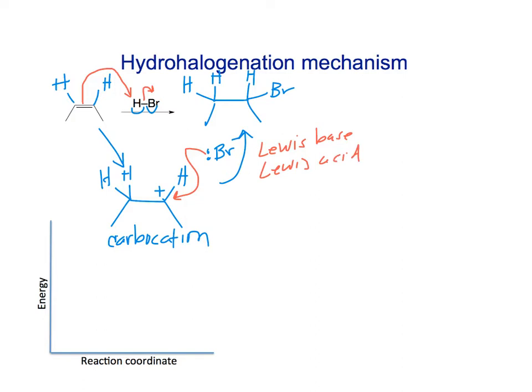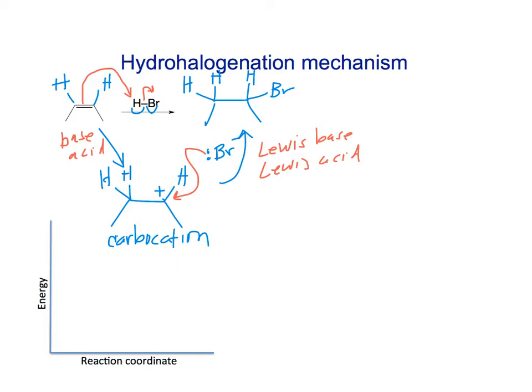And the other one, let's just say this is a base with an acid. We could use Bronsted-Lowry acid-base theory here, because we're transferring a proton, or we could call it a Lewis base, Lewis acid, the pi bond being the Lewis base, it's the electron pair donor, and the acid being the electron pair acceptor would be the Lewis acid.